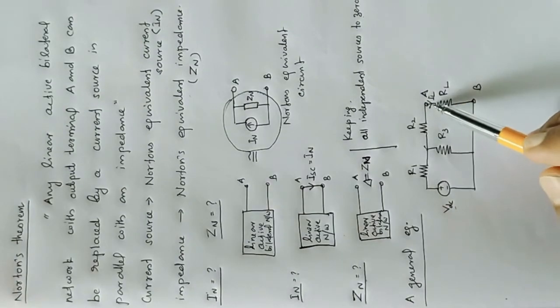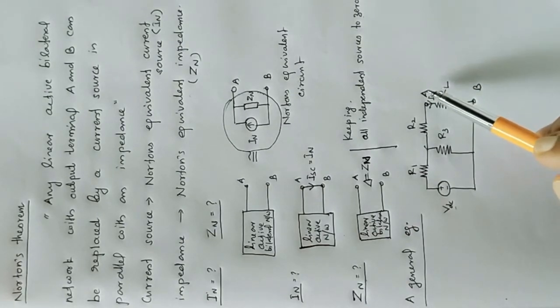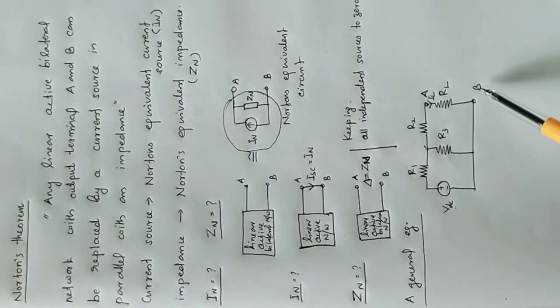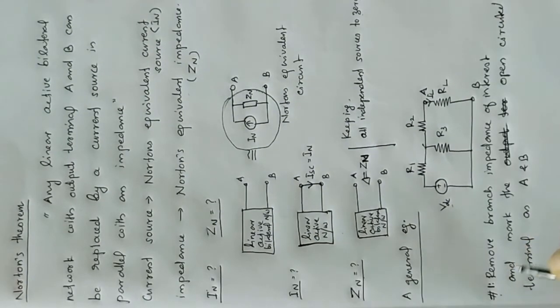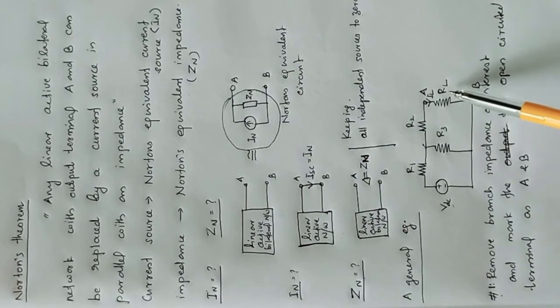In order to find the current through a particular branch, the first step in Norton's theorem is to remove the branch impedance of interest and mark the open circuit terminals as A and B. Here the branch of interest is the load resistance RL.